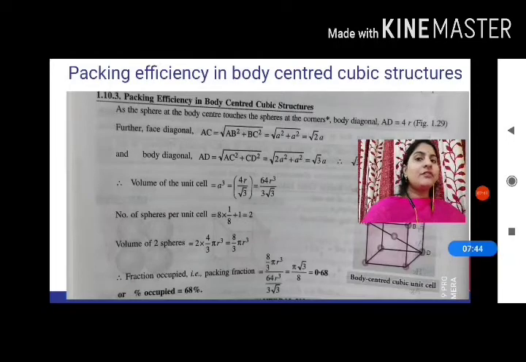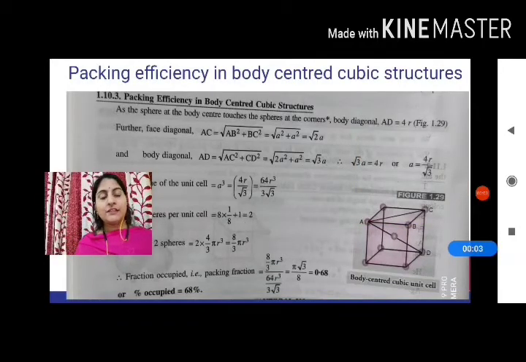Here the length of the body diagonal is equal to 4r, where r is the radius of the sphere, and all these spheres are diagonally touching each other. As the sphere at the body center touches the spheres at the corners, we can write AD is equal to 4r.